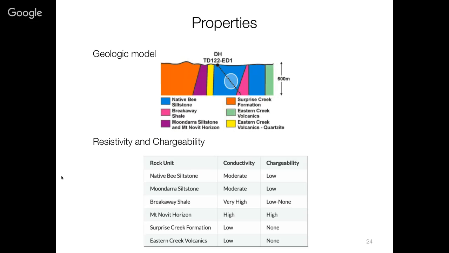Whereas that Mount Novo horizon has high conductivity, but not as high as the shale, and actually has a high chargeability. That differentiates it from these volcanics or various siltstones in there. This is the thing: we always need to be looking for something which is distinct from its host material or its other units.